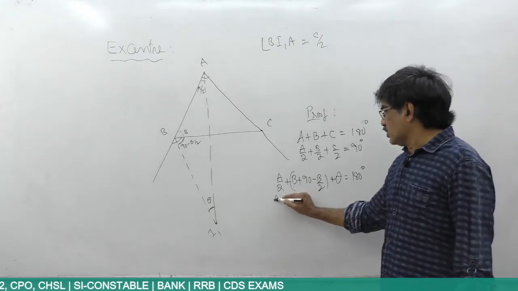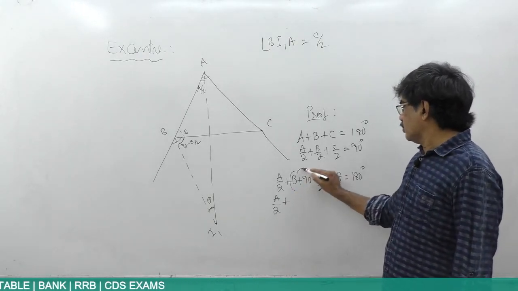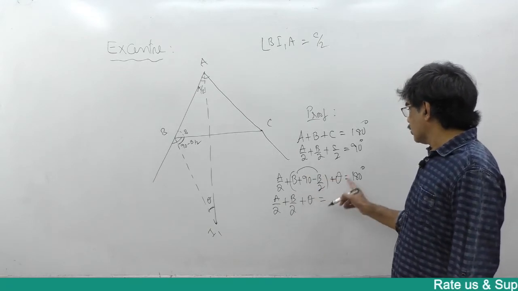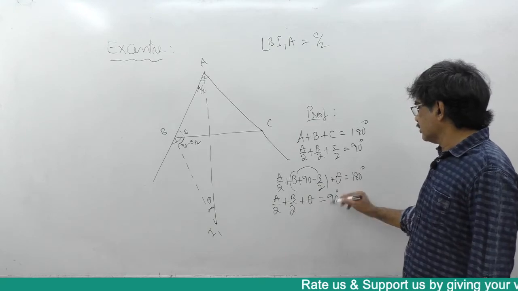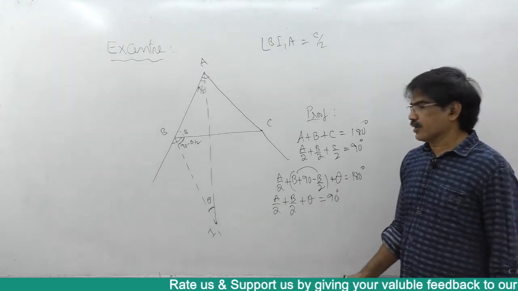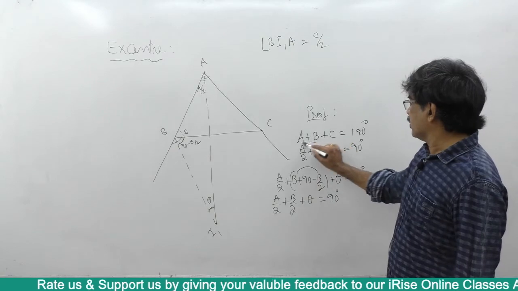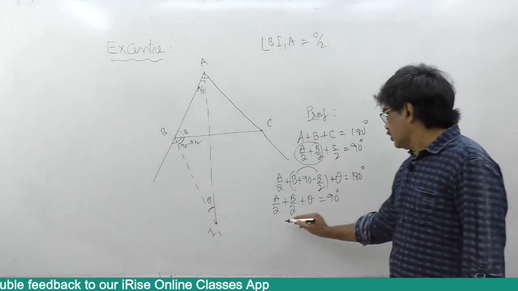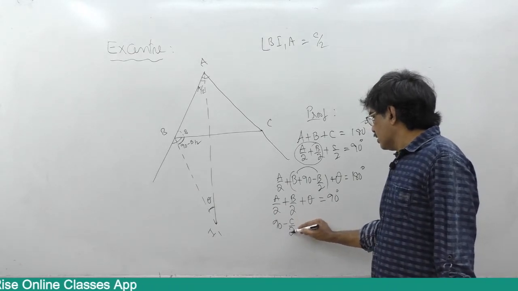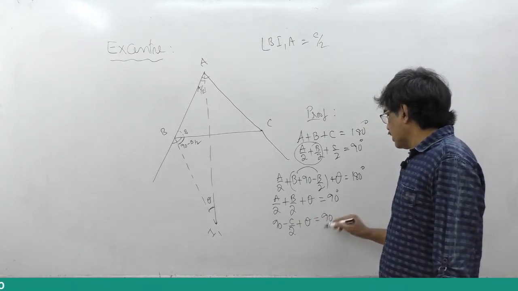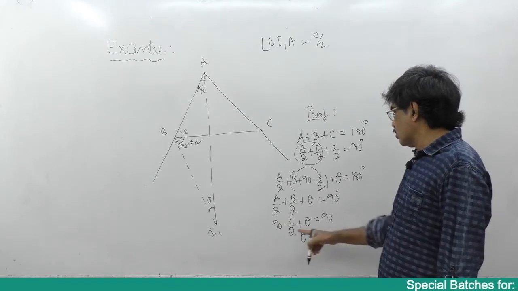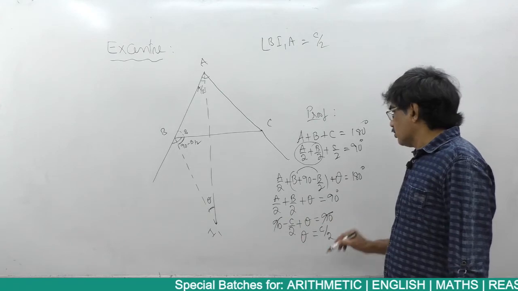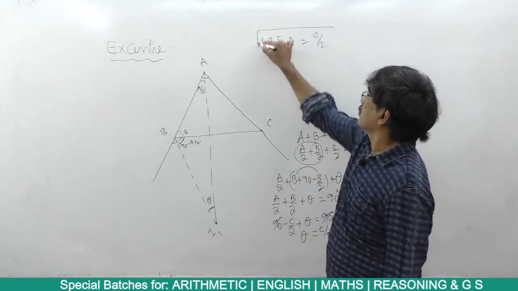This is A by 2 plus B minus B by 2, which is B by 2, plus theta, equal to 180 minus 90, which is 90. What is A by 2 plus B by 2? This is nothing but 90 minus C by 2. So 90 minus C by 2 plus theta is equal to 90 degrees. Therefore theta is equal to, 90 cancels, C by 2. So this angle is C by 2.